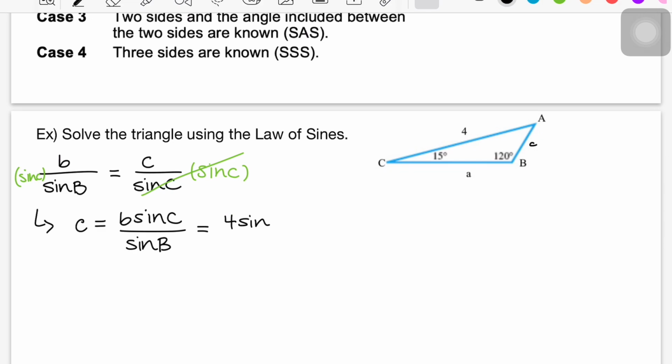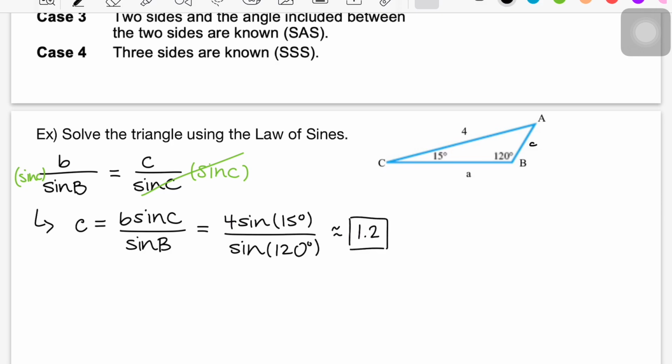We know our angle C is going to be 15 degrees, and our angle B is 120 degrees. Plugging this into a calculator, we get that C is roughly 1.2.